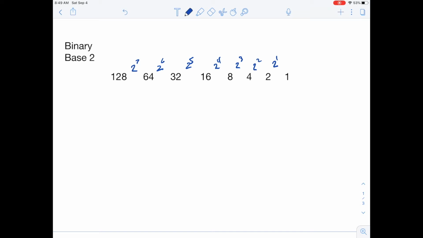So counting with binary, we will have a 1, and then this 1 will become a 0, and we'll have a 1 in the 2's place, so that's 2. And then for 3, it'll be a 1 in the 2's place, a 1 in the 1's place. And then we get to 4, so a 1, 0, 0. Then we get to 5.